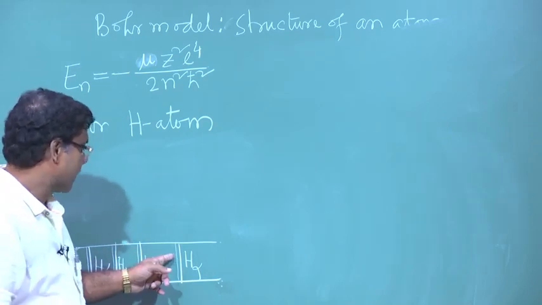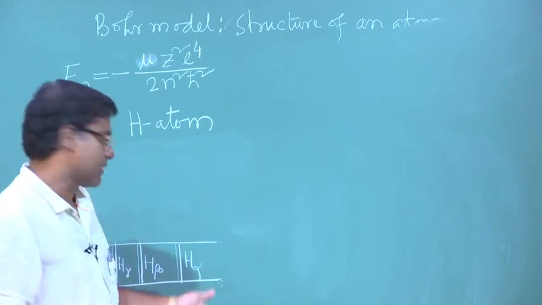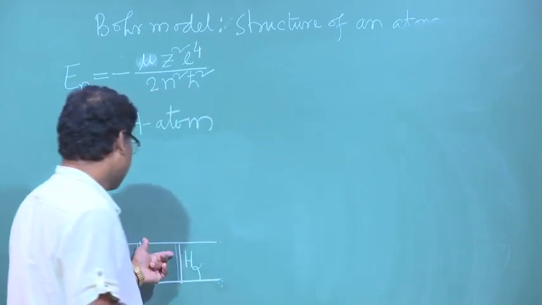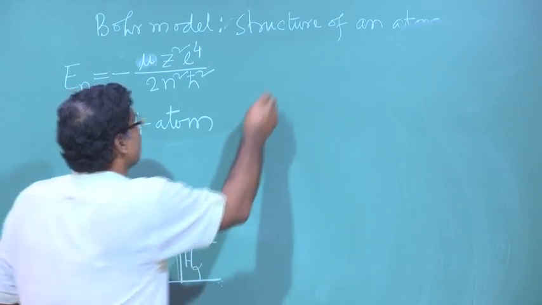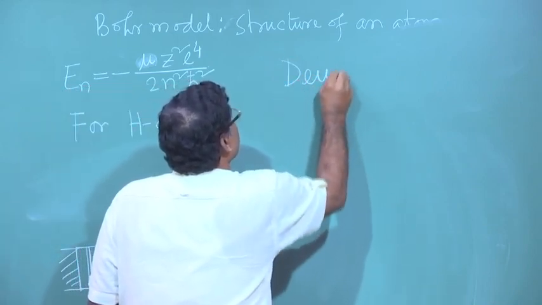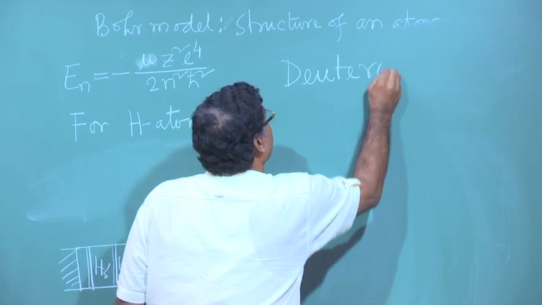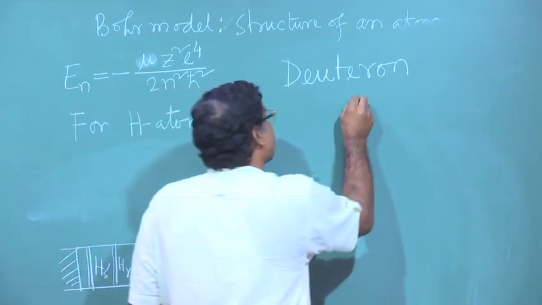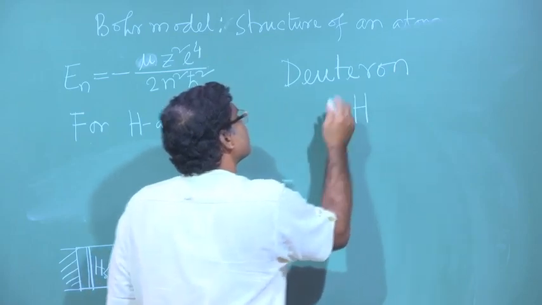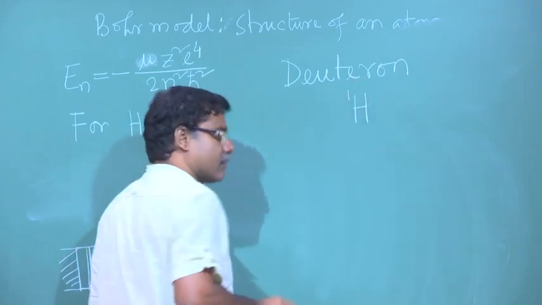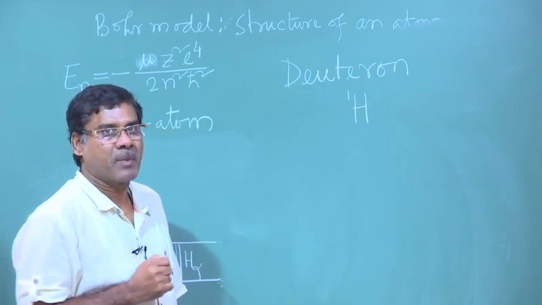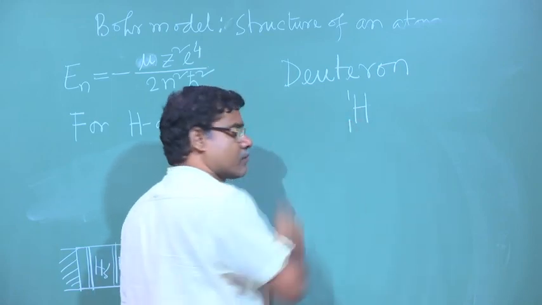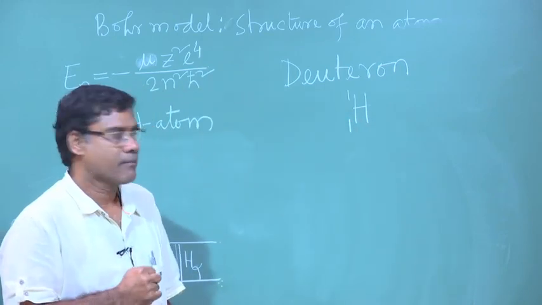So, the isotope was discovered from this isotope of hydrogen, that is deuteron. Hydrogen has atomic number 1, so it has 1 electron and 1 nucleon, that is proton.